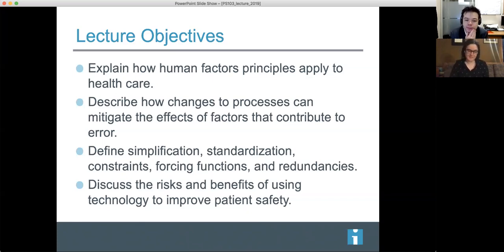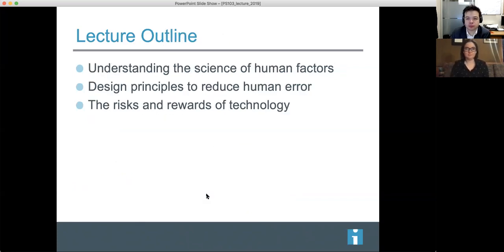Some of the goals will be activities that you will look at later. And the outline of the lecture today: understanding the science of human factors, having a look at design principles to reduce human error, and risks and rewards of technology.